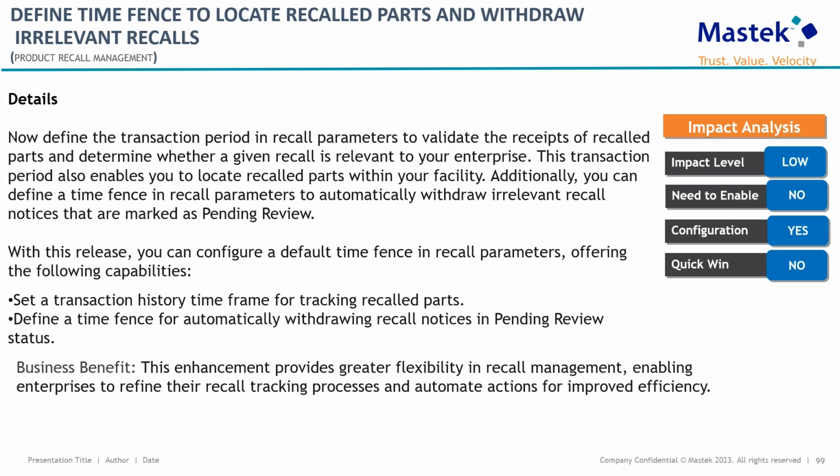So now we can define the transaction period in recall parameters to validate the receipts of recall parts and determine whether a given recall is relevant to your enterprise or not. At the same time, you can define a time fence in recall parameters as well to automatically withdraw it if it is a relevant recall notice.